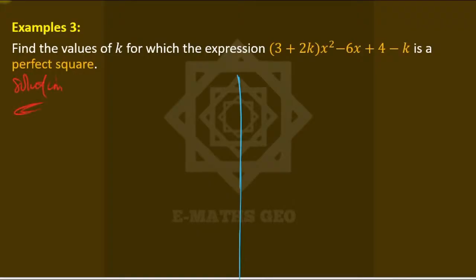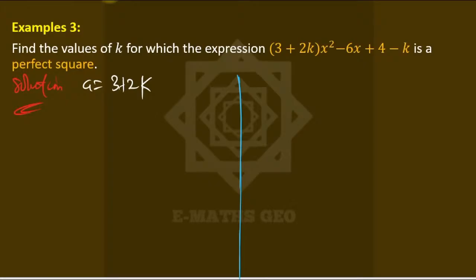So look at the expression, our a is 3 plus 2k. That's the coefficient of x squared.